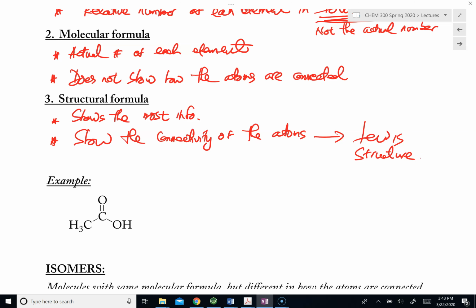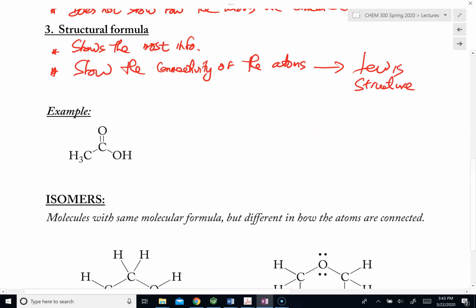For an example, here is a molecule, and this is basically acetic acid. What we've been shown here is the Lewis structure of acetic acid, and we see that it consists of 2 carbon, 4 hydrogen, and 2 oxygen. And in this case, we know how the atoms are bonded together.